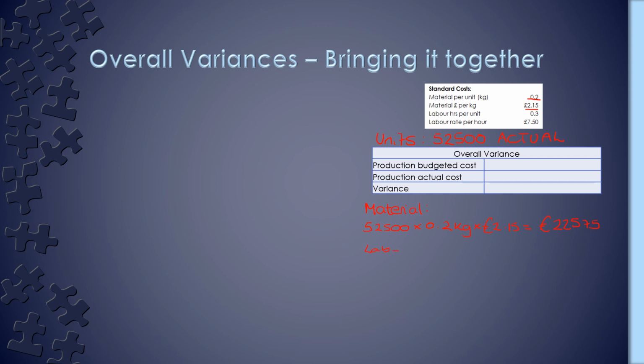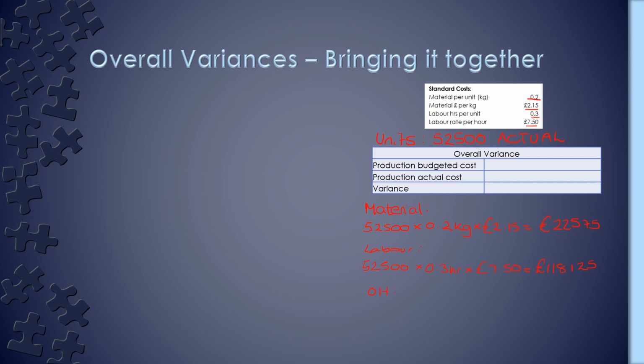Our labour should have been our actual number of units multiplied by our standard number of hours per unit multiplied by our standard labour rate, £7.50 per hour, and that gives us the total of 118,125.